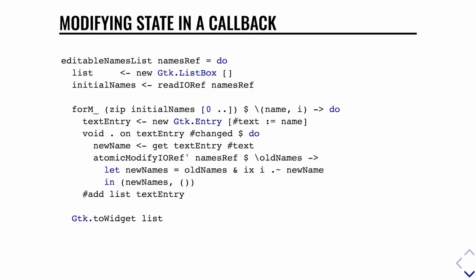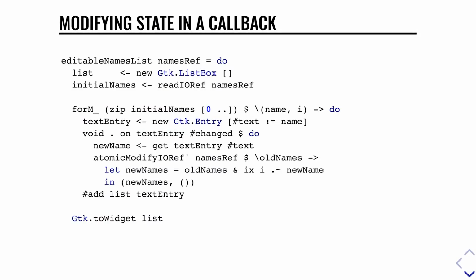And the implementation could look something like this. So we will create a list box widget. We will read the initial names from that IORef. So an IORef is like a mutable reference in Haskell. We will loop over all those names together with indices starting at 0. And inside that loop, we will create an entry for a text entry. That's the GTK entry for each name.